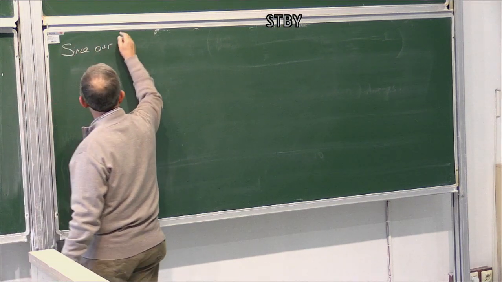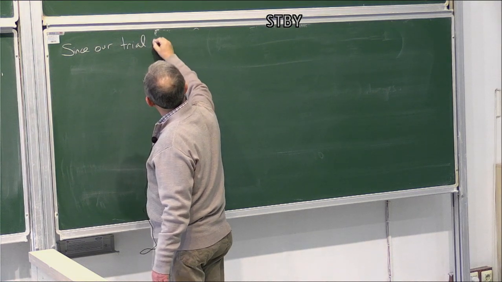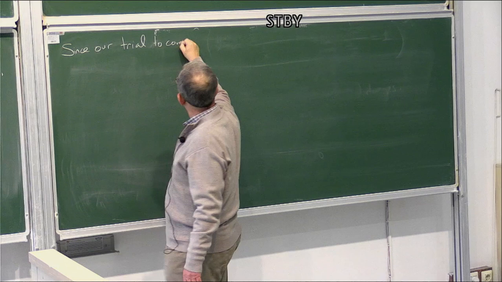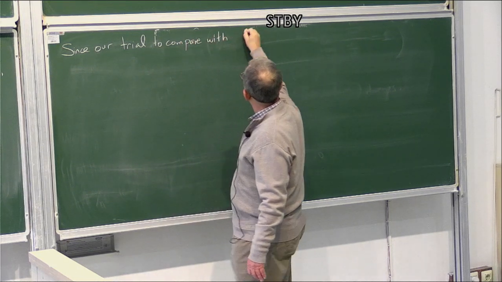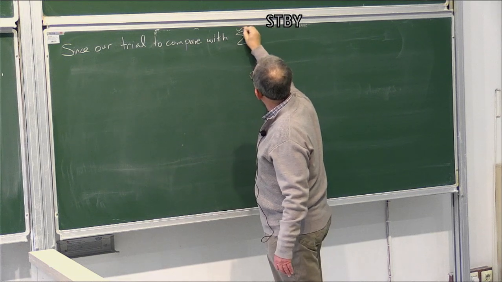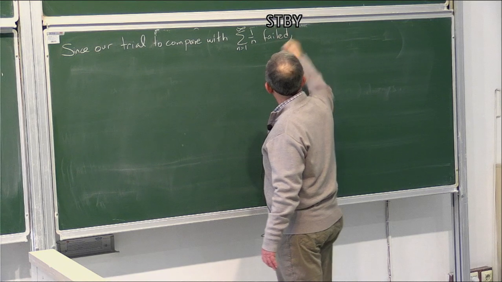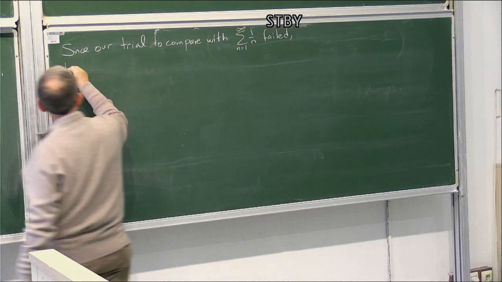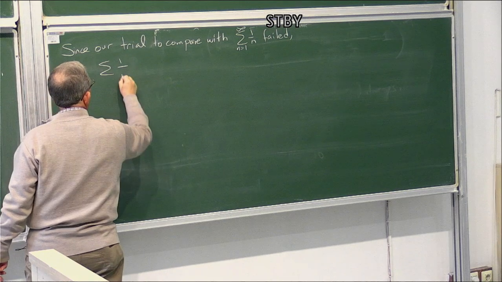Since our trial, okay, to compare with 1 over n failed, okay, try, say, something convergent this time.